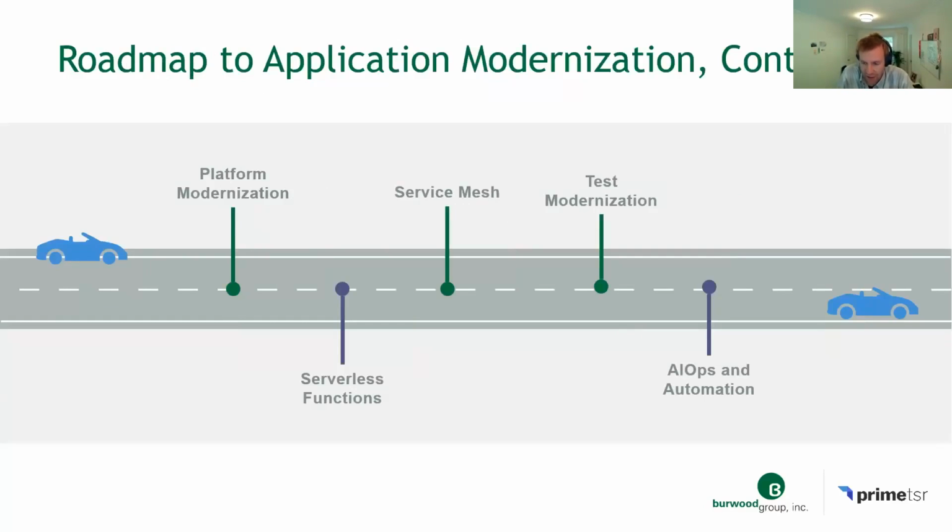How do we make sure we have the controls in place to manage this at scale? We'll look at test modernization, making sure quality is baked into everything you're building in a modern, automated way. And then I'm going to geek out for a few minutes on AIOps and automation around operations as well. So these are the 5 that we'll go through in this session.